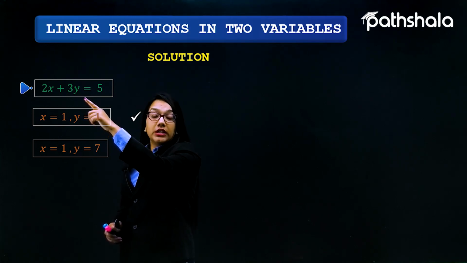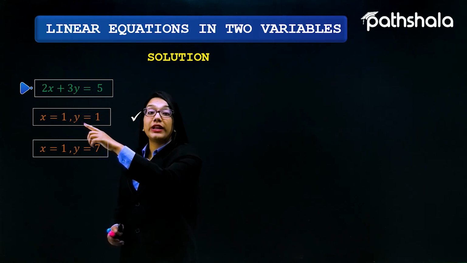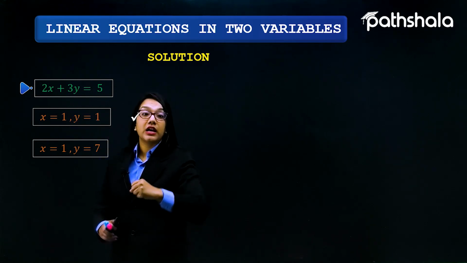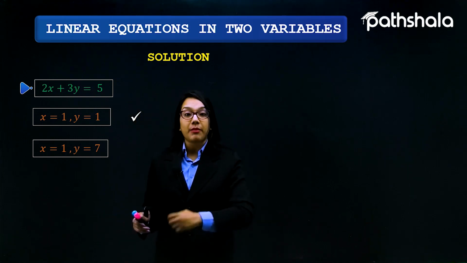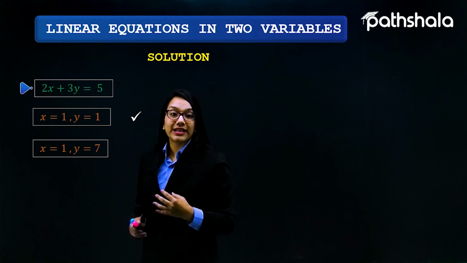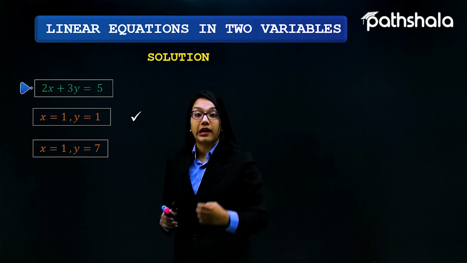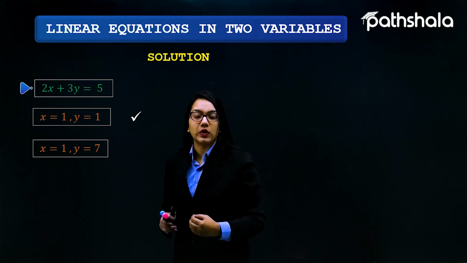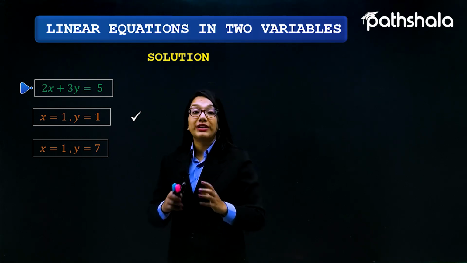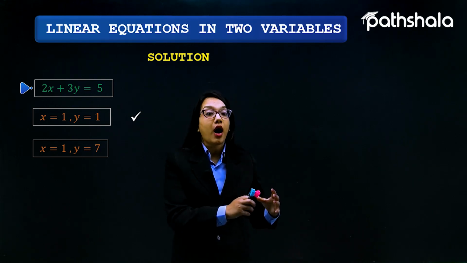So 7 into 3 is 21, and 21 plus 2 is 23. So the LHS that comes out after substituting x as 1, y as 7 is 23. But as we can see, the RHS of the equation is 5. So it means that LHS is not equal to the RHS.